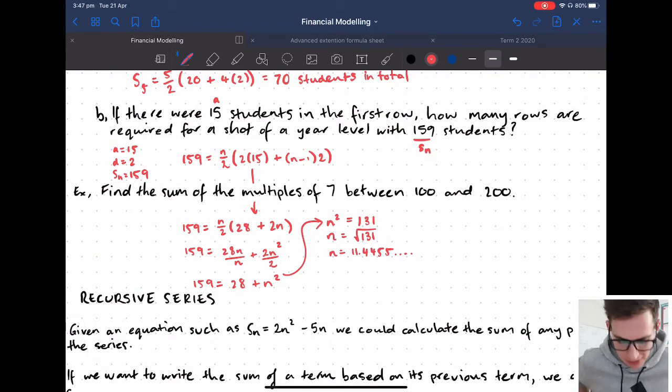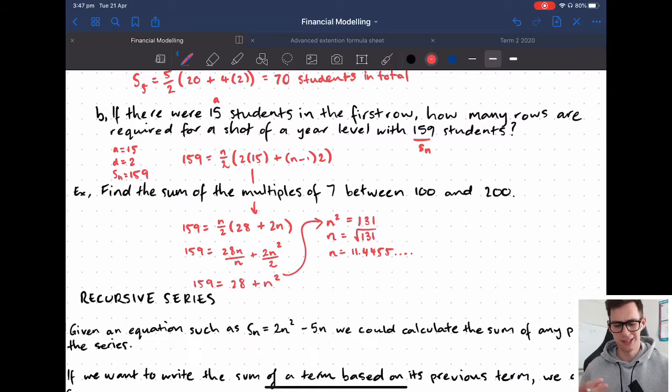Given these numbers and what we've solved to find n, it's saying how many rows are required for a show with that many students. Now, obviously 11.45 rows isn't exact. It doesn't make much sense, and you're not going to have half a row. So we're going to have to round up here to the next whole number, the next whole row, because otherwise we can't fit all of those students.